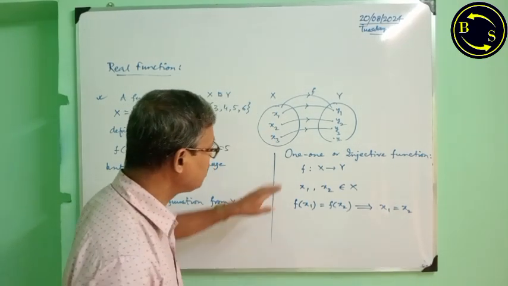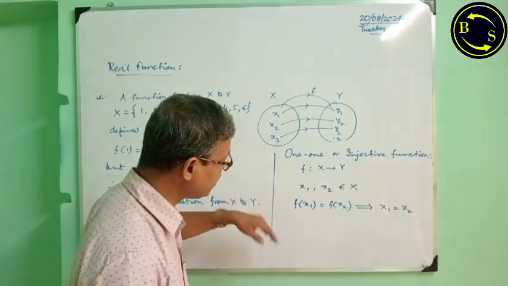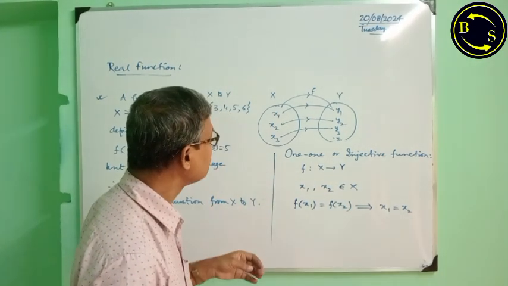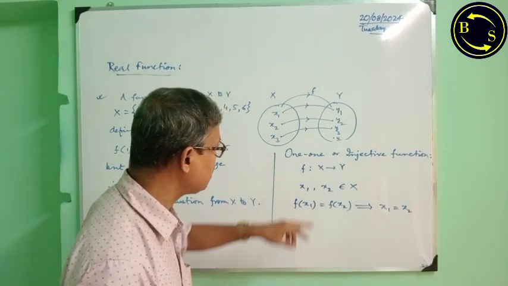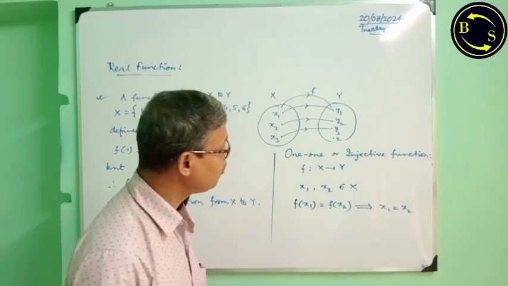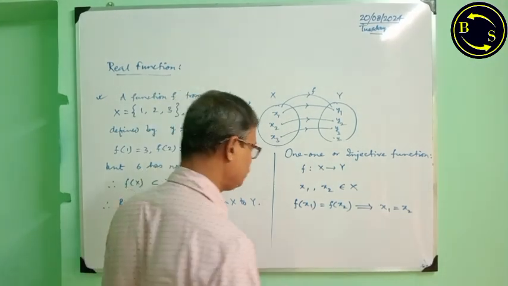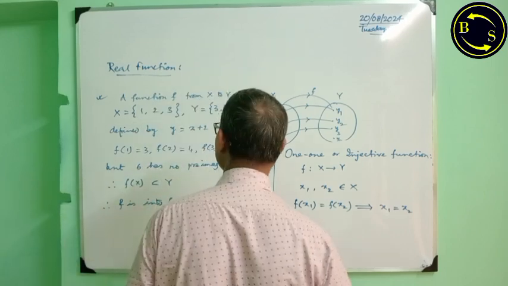Therefore, a function f from set x to set y, which are non-empty sets, such that every member of set x is associated with a unique member of set y. This is a 1-1 injective function.